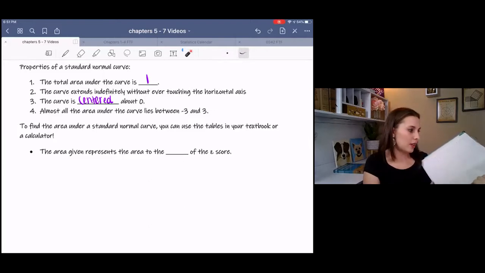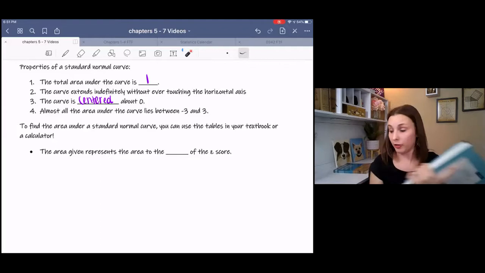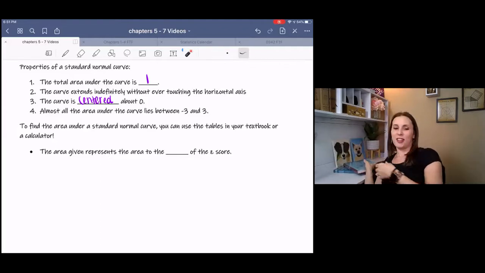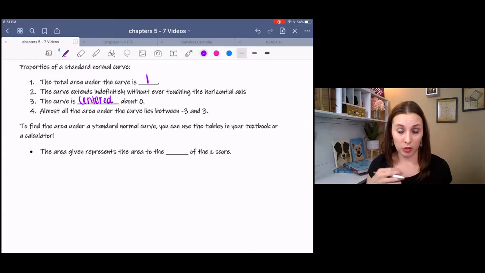You'll see it has Z tables. Where is it? I've lost it, but it's in there. And I took pictures of it in the notes, so you'll see it. And if you don't have that in your textbook, if someone ripped it out and you rented your book and it's not there anymore, you can just Google Z-tables, and there's tons of images of Z-tables on the internet.